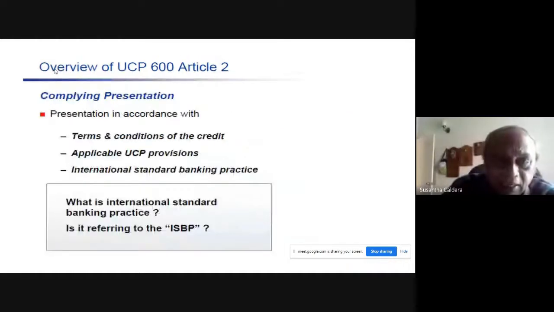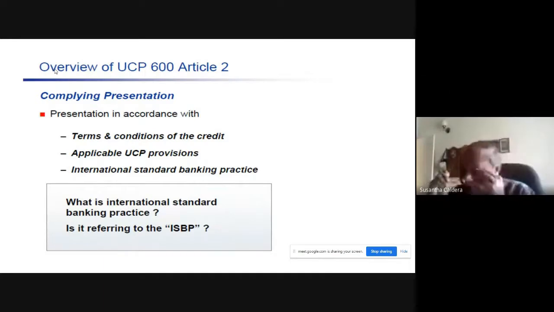Banking day. Compliant presentation. It says a compliant presentation means a presentation that is in accordance with the terms and conditions of the credit, the applicable provisions of these rules and international standard banking practice.